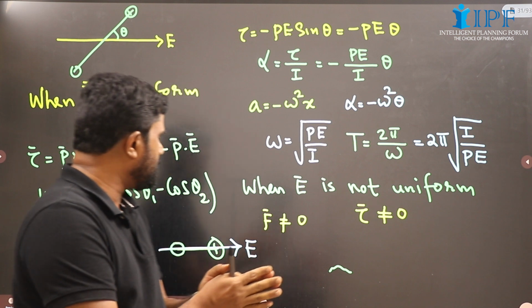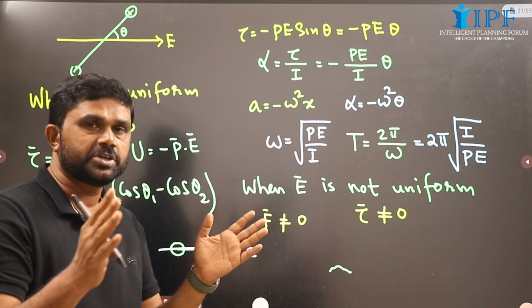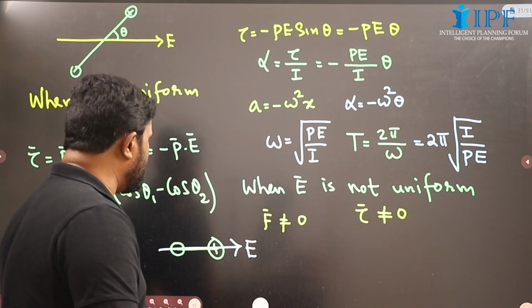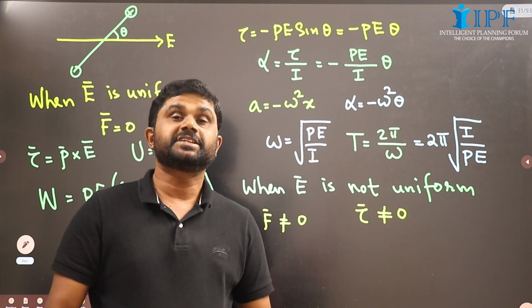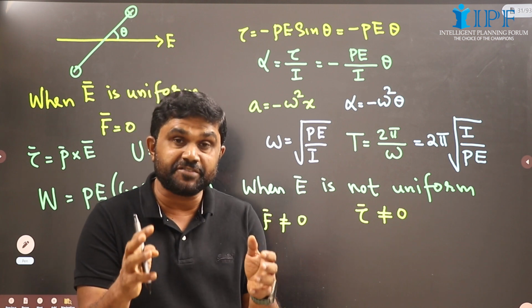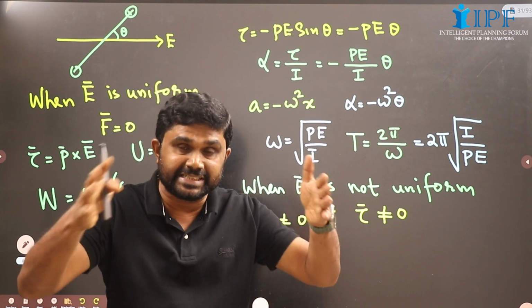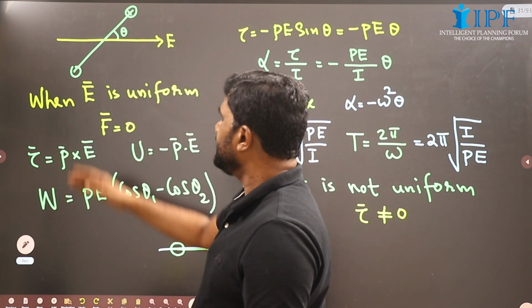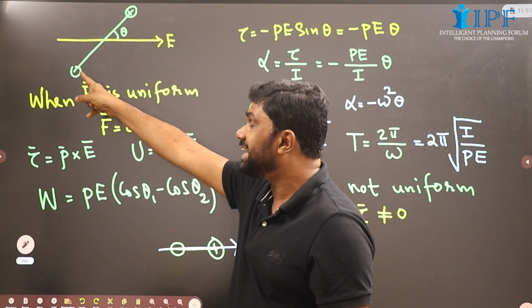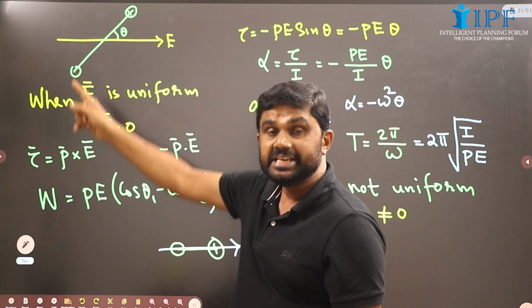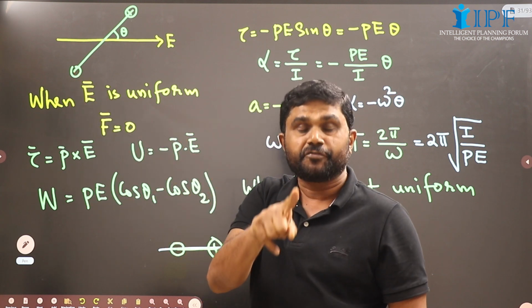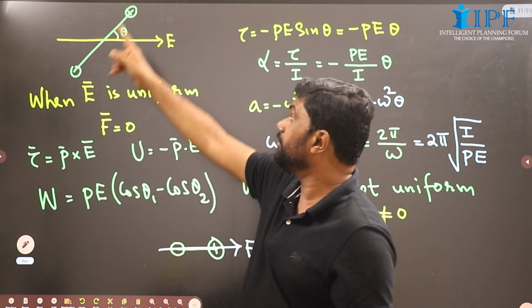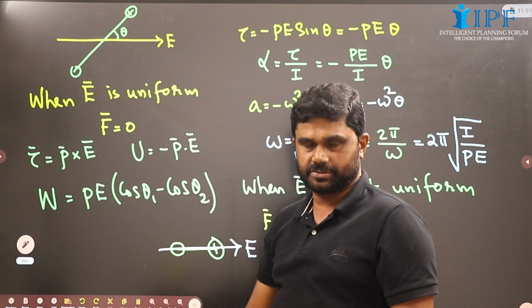Now suppose the dipole is kept in a non-uniform electric field, meaning the intensity of the electric field is different at different positions in that region. The intensity of the electric field where the negative charge lies is different from the intensity where the positive charge lies.